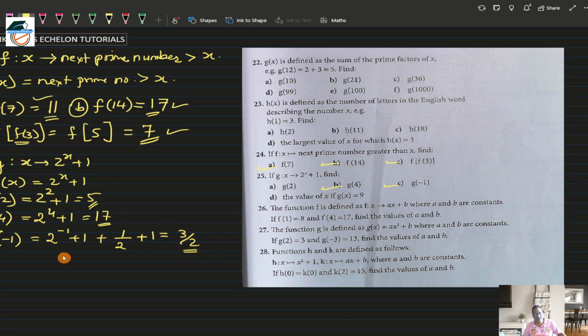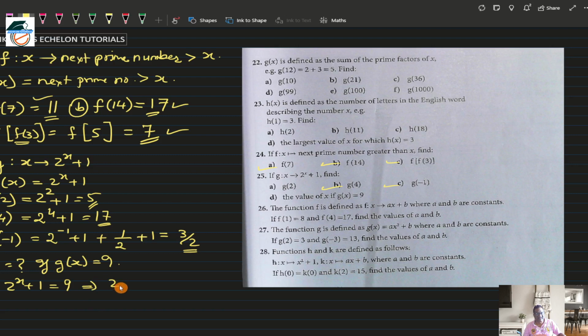And the last one, D, is the value of x. You have to find x if g of x happens to be 9. So g of x is equal to 9. Can I write 2 raised to x plus 1 equal to 9? And from here I have to find out what is x.